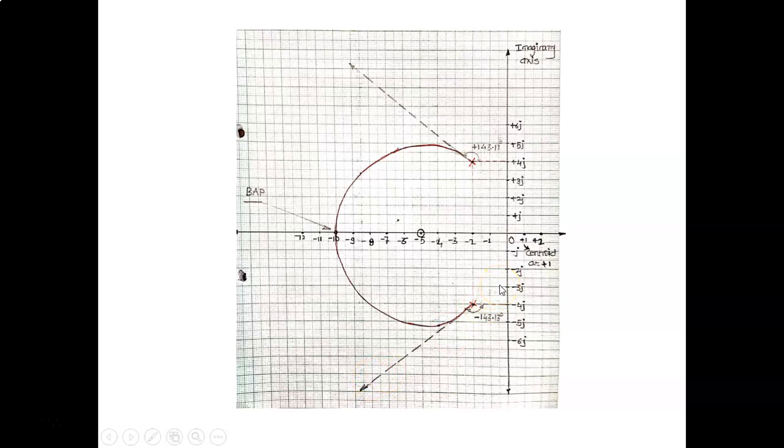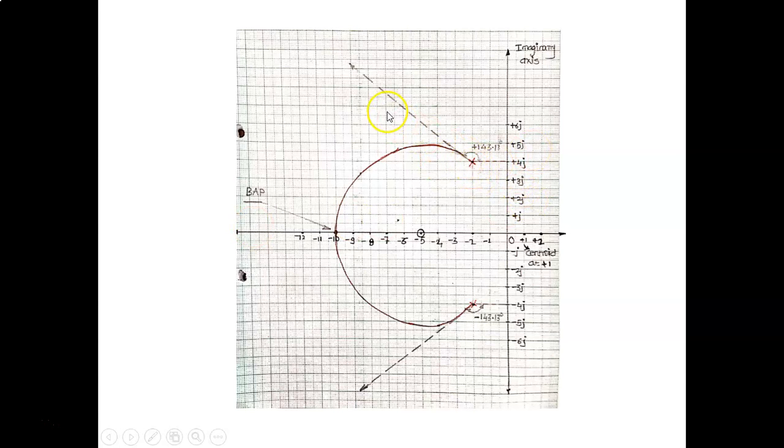Now root locus always, and this is the breakaway point, therefore our root locus will start from this pole, it will make tangential, it will touch this angle of departure tangentially; the angle of asymptote is 180 degree only.